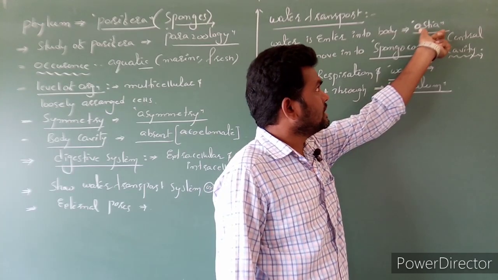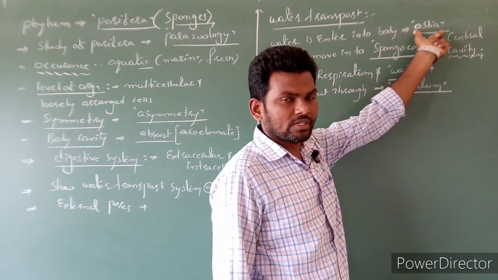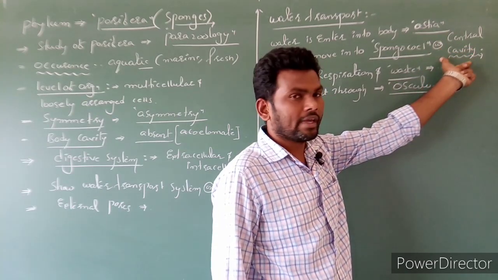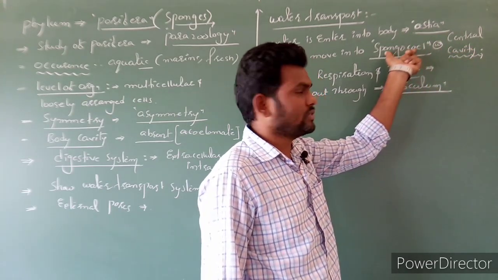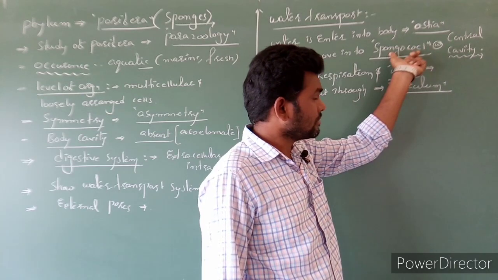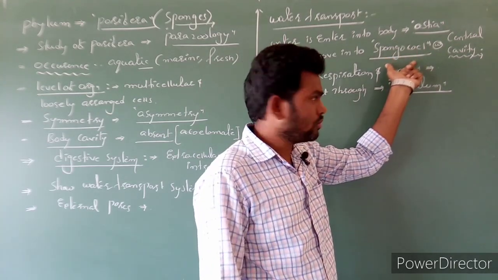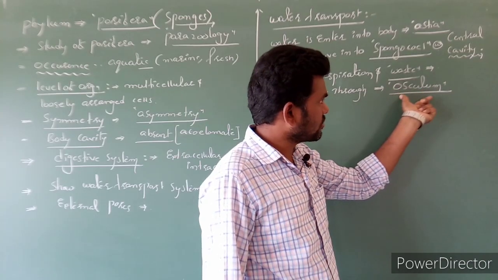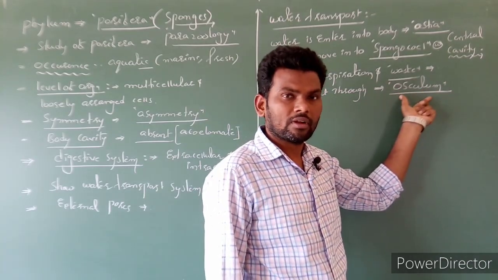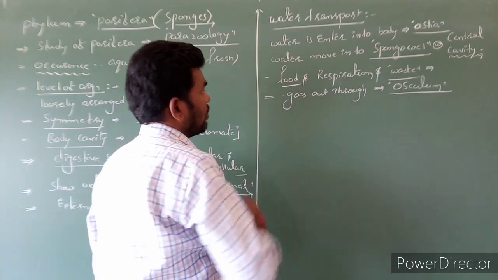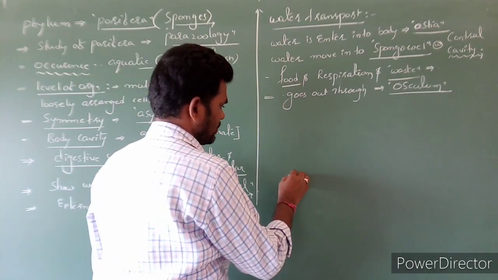Water enters into the body through ostia, then into the central body cavity, nothing but the spongocoel. Later, the waste molecules go out through the external pore called the osculum. Clear? Next, let's see one small diagram regarding water transport.